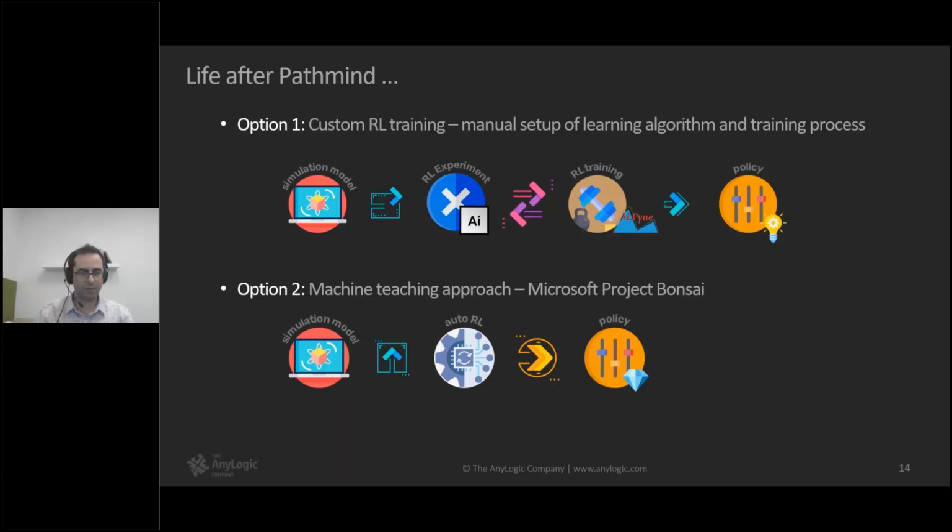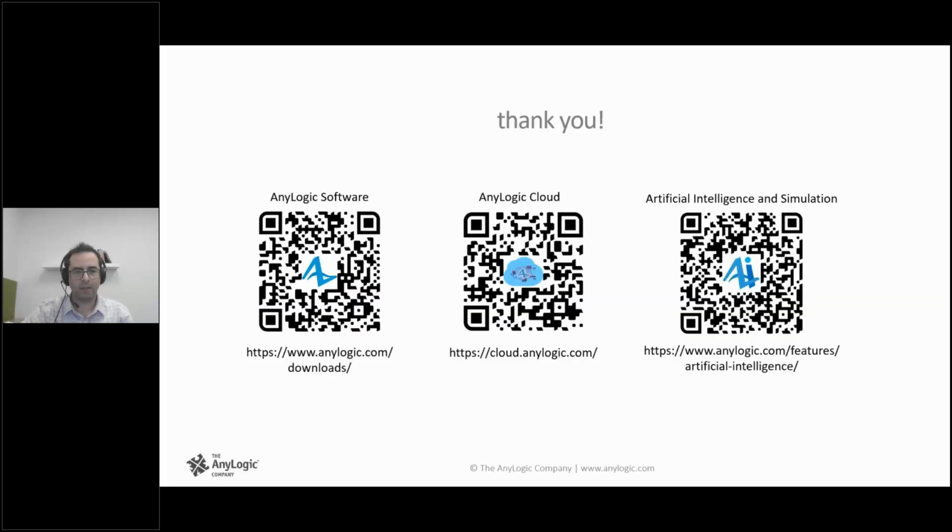It's a very interesting way, and as you know, it's on Azure, so it's very scalable. If you're interested, if you go to AnyLogic, you can find it under the AI section, or if you go to AnyLogic.ai, you get access to all of these things in one place.